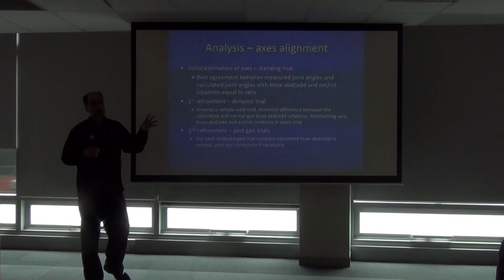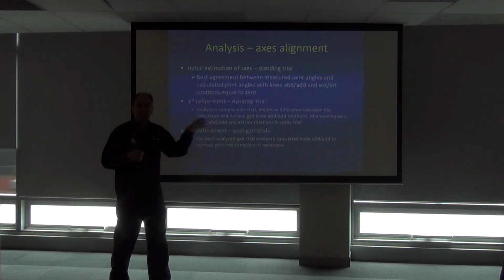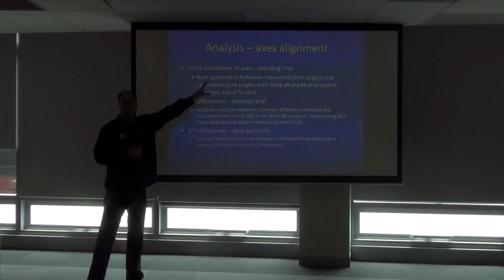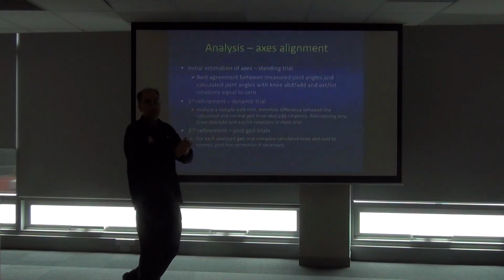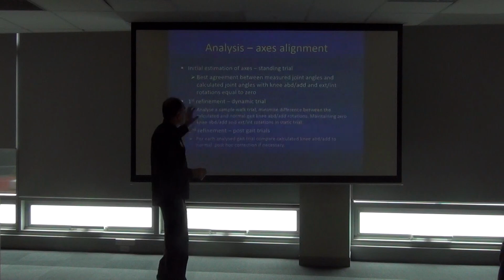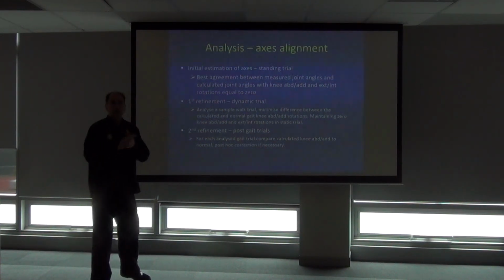We look at the differences between calculated knee non-sagittal rotations and those normal values that we saw earlier. The ones I said, we've got normal knee joint rotations, non-sagittal plane, abduction, adduction, internal, external rotation. So we analyse the walk trial, we pull one out, we analyse it and look at those rotations.